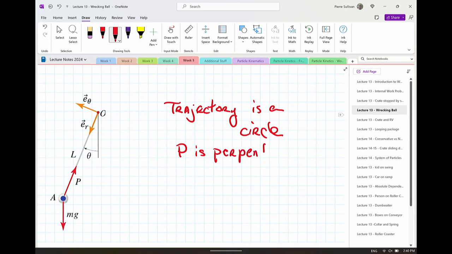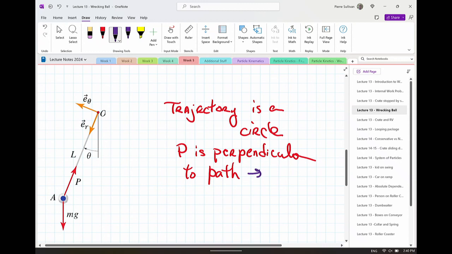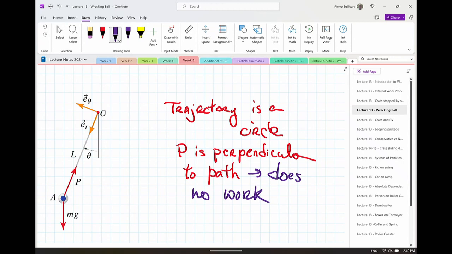Now, one of the important things to recognize is that that force P is not acting in the path direction. It's acting normal to the path.